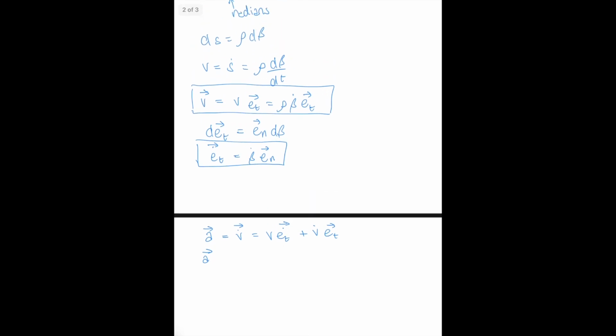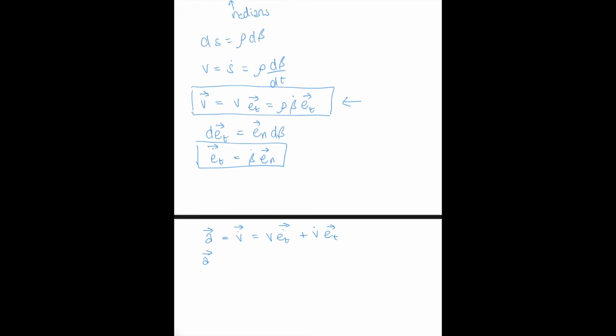So for the acceleration, it's going to be equal to v dot, which is equal to v scalar multiplied by e dot t plus v dot et.